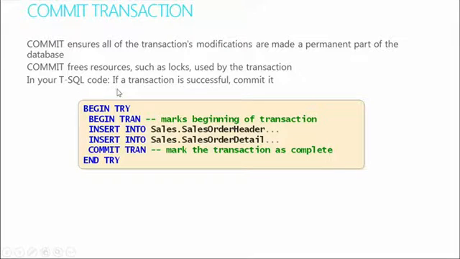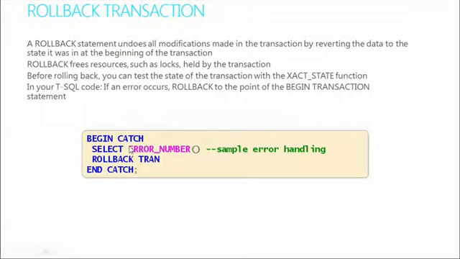So in your T-SQL code, if a transaction is successful, we want to make sure that we commit that transaction. If we have any issues, we want to roll that transaction back. So this is where we begin the catch. Now this is the try failed. It's going to push this down into the catch block. We're going to select the error number. We're going to roll back that transaction, which means anything that was supposed to be applied up top in the try block, such as to the header table, is not applied, because we never made it down to the details table.